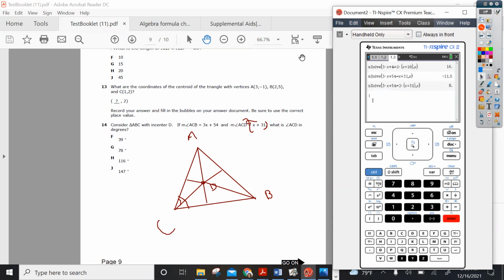So x is 8. And we want to know ACB. 3 times 8 plus 54 is 78. Okay, so that's G, 78 degrees.